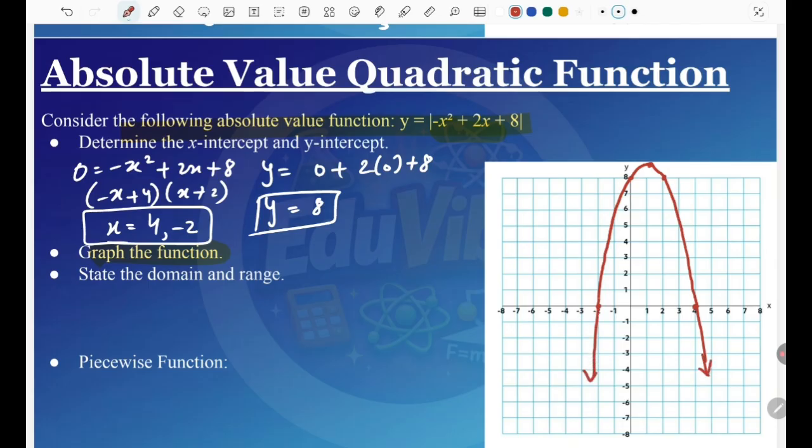And you have to put the arrow in this because this is the function which is going on. After that, you have to draw the absolute function graph, and you will get some accurate points.